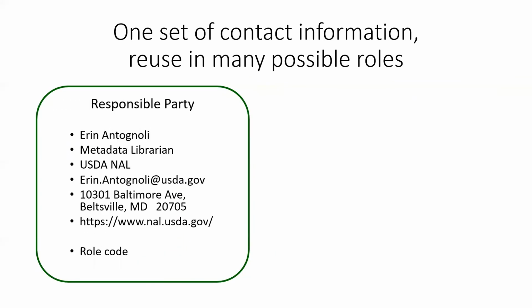Let's look at this same segment of responsible party metadata with my own information. If you search through NAL's geodata catalog, you'll find my responsible party information in hundreds of instances. My core information stays exactly the same for every record in the system. However, my role varies depending on my contribution.